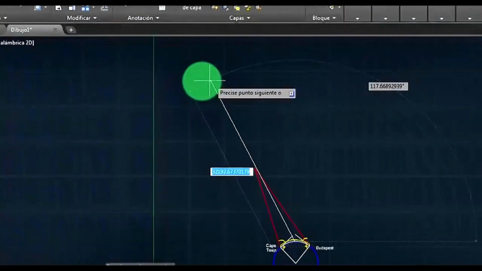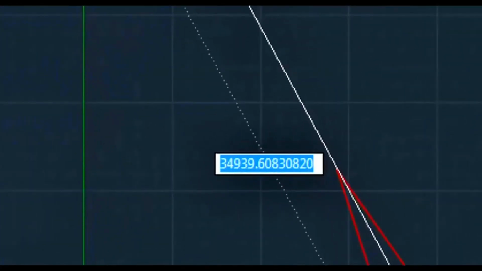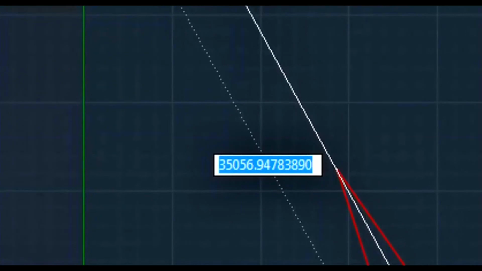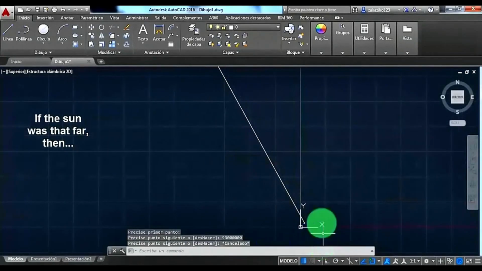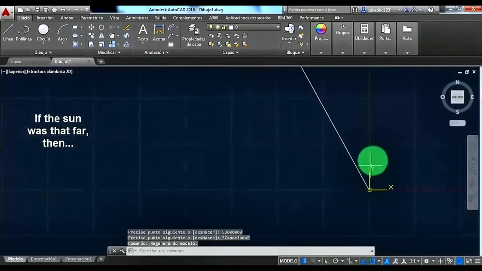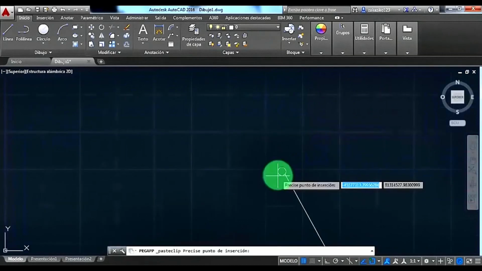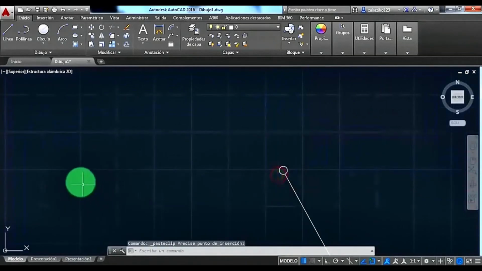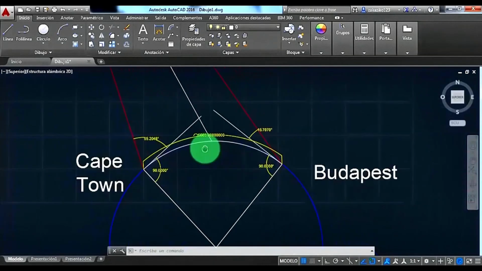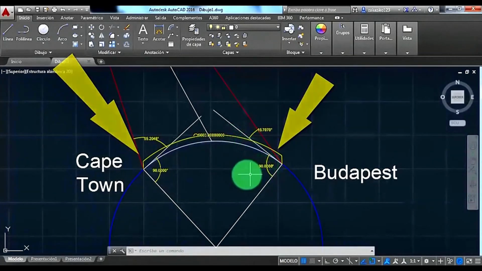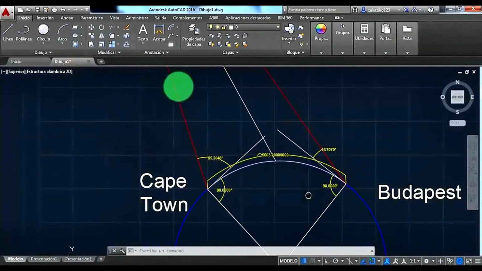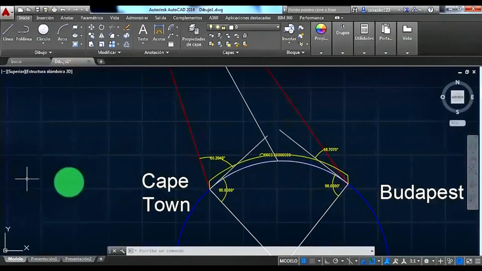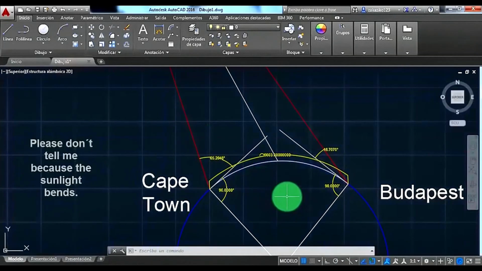I'm going to draw a 93 million miles line just to see the difference. Wow. These lines should normally take you to the source of the light, which is the sun. But it doesn't work on a ball because we might not be on a ball.